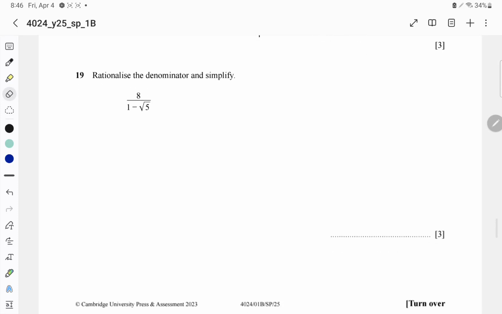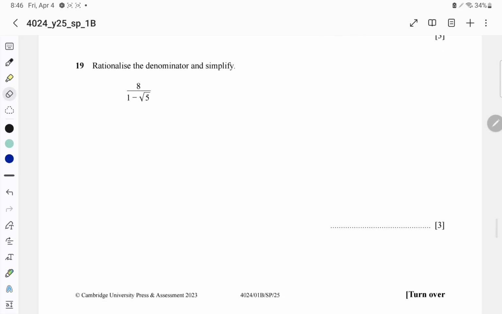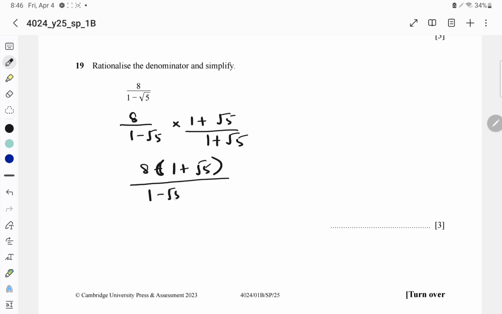Okay, now coming to the 19th question, rationalize the denominator and simplify. We know that 8 upon 1 minus square root 5 will be multiplied by 1 plus square root 5 divided by 1 plus square root 5. So 8 times 1 plus square root 5 divided by 1 minus square root 5 times 1 plus square root 5. (a plus b)(a minus b) is a square minus b square, the third identity.